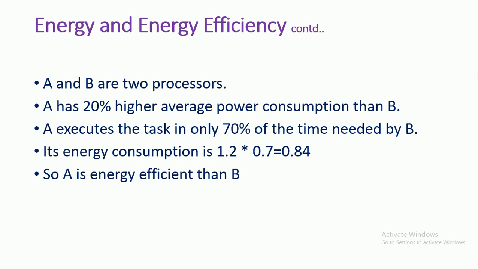Sometimes the time taken will be more but the power consumption will be less, so then energy efficiency will be better. In that way we are evaluating the energy efficiency of a system. It depends on both power consumption and the time for completing a particular task. So energy is always tied to a particular task.